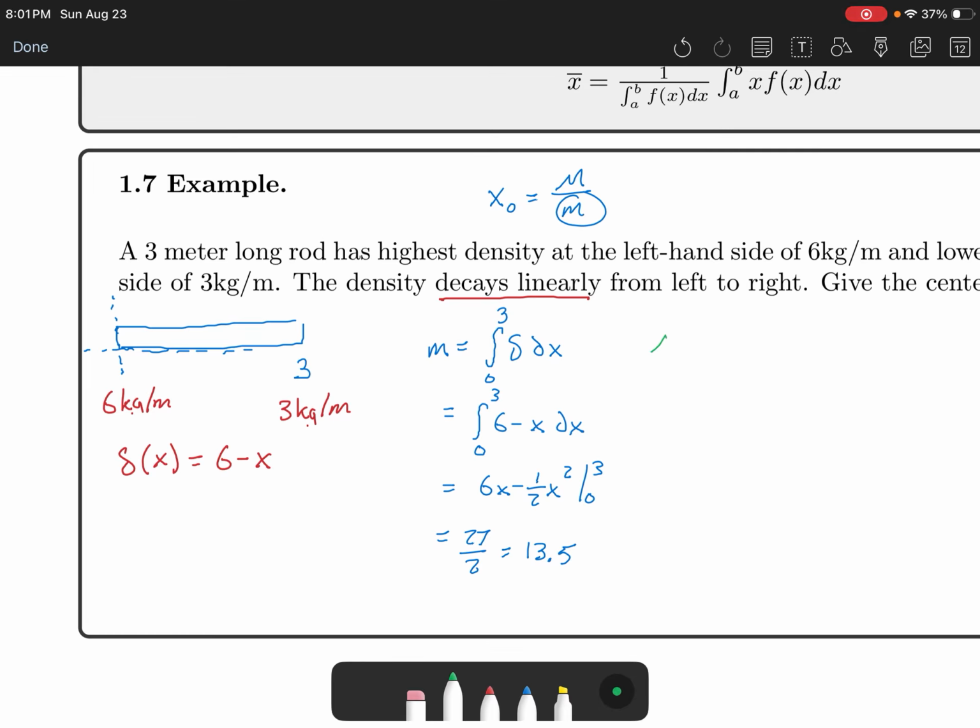Now let's find the moment, the numerator for the position. We always find moments by integrating positions times densities.